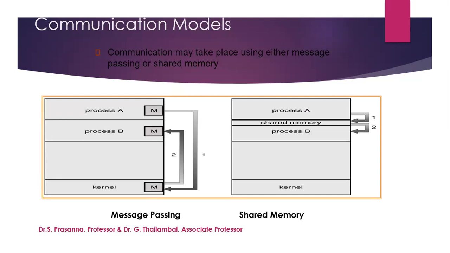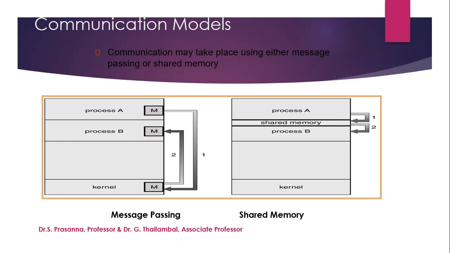In communication models, the communication takes place either by message passing or shared memory. In message passing, you can see in the diagram, processes A and B and the kernel are in the operating system.